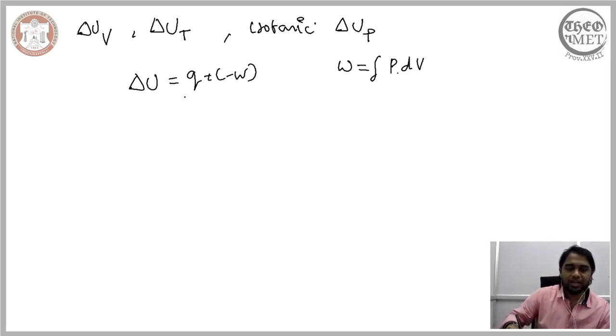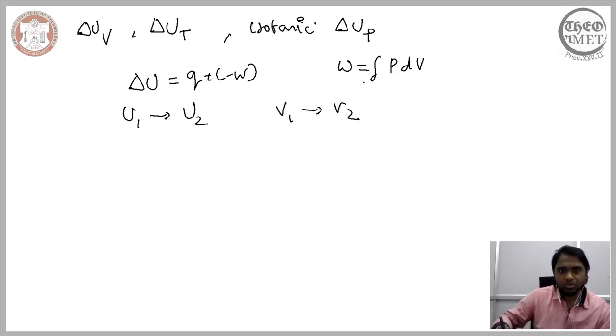So let us assume that the pressure is constant and the change in the state of the system, that is U1 to U2, is characterized by the change in the volume from V1 to V2. So under constant pressure, there is a change in the volume from V1 to V2.